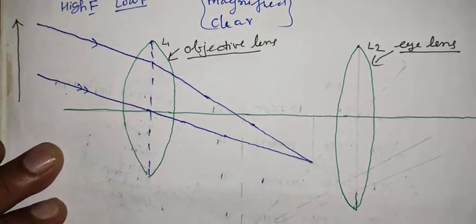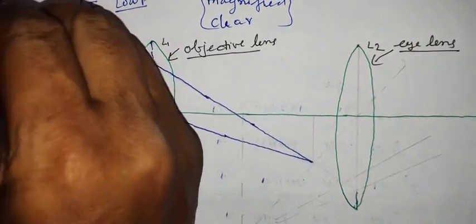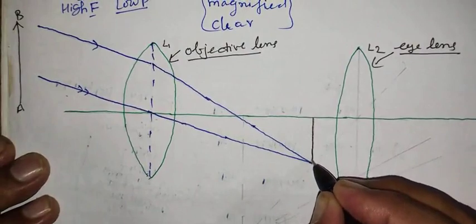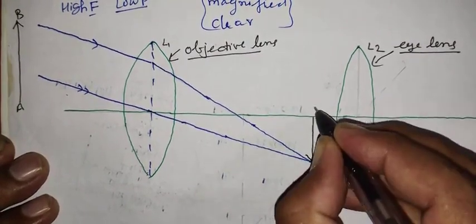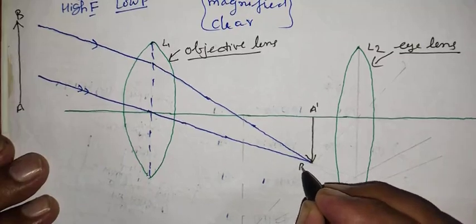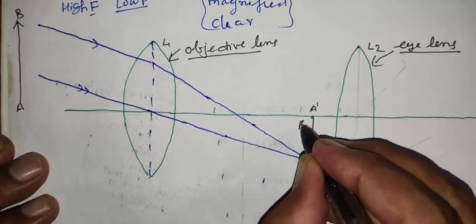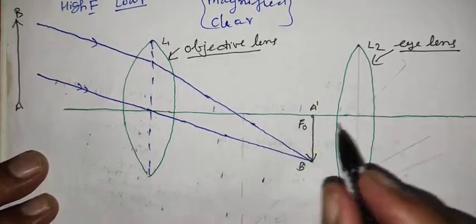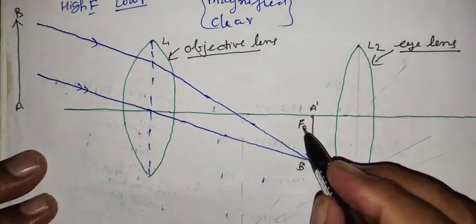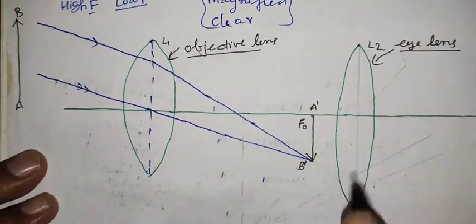If we compare with this diagram, let AB be the object. A small image A dash B dash is formed at the focal point FO of the objective lens. So FO and A dash are the same point. This is B dash.